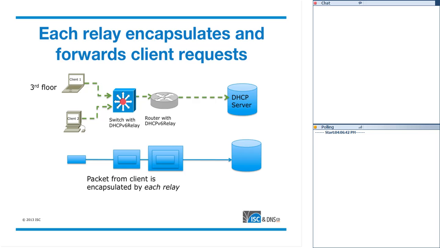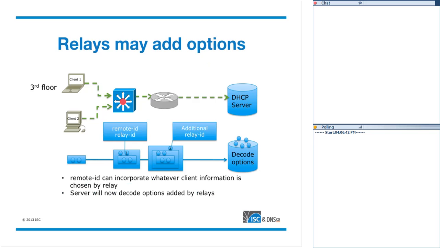Next slide, please. Okay. So in this case, we can see the two little dots in the middle packet there. That's the middle relay adding the remote ID and the relay ID. And then we can see the single additional relay ID from the rightmost relay. So we can have multiples of these.